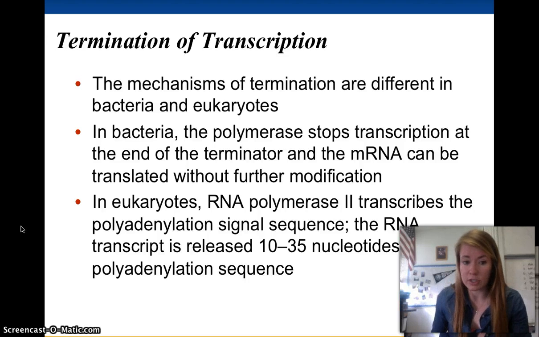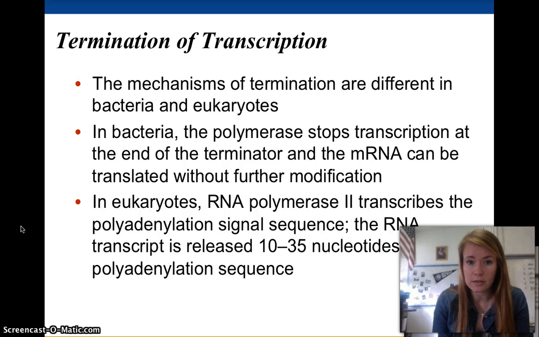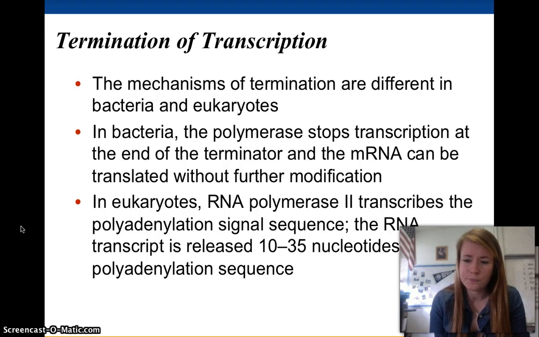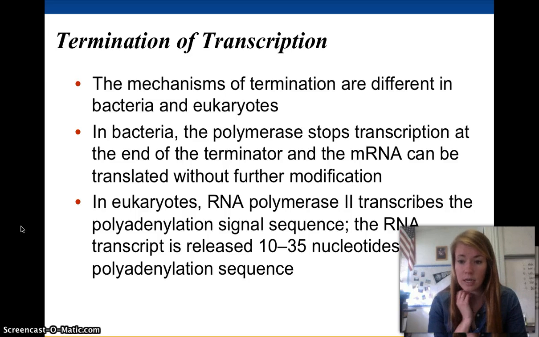Okay, so we just did initiation and elongation. The last step is termination. So it's very different in bacteria and eukaryotic cells. And your book doesn't go into a lot of detail. Basically, with bacteria, the polymerase gets to a spot on the template strand, and it transcribes it. And so as soon as it realizes that on the RNA molecule, it just built this terminator, the RNA polymerase leaves and transcription is done.